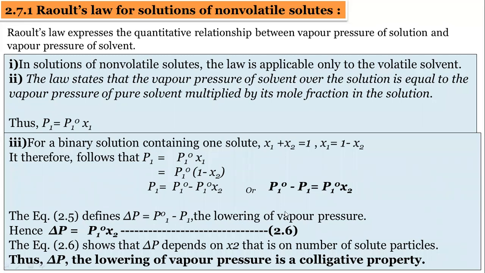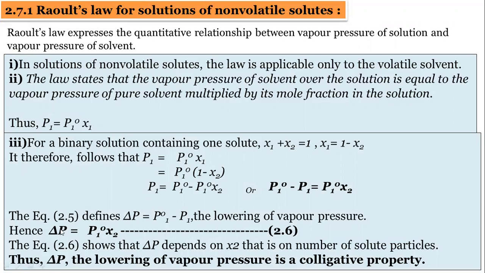Hence, P01 minus P1 is equal to, putting this value in this equation, delta P is equal to P01 into X2. This Raoult's law value is substituted in the lowering of vapor pressure. So we get this equation 2.6. So 2.6 indicates what? Delta P is equal to P01 into X2.